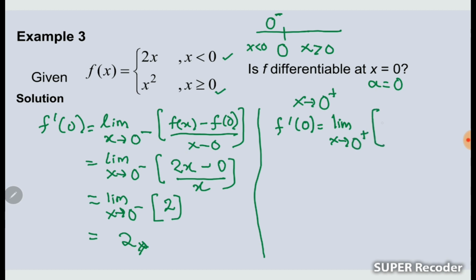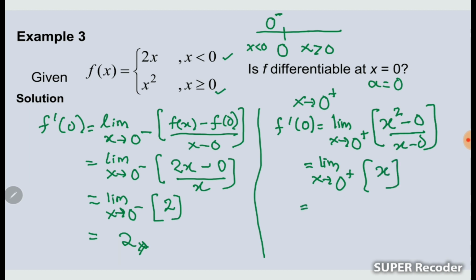Right means x more than 0, so the function is x squared minus 0 squared, over x minus 0. So the limit when x approaches 0 from the right of x squared over x is x. Substituting 0 into x, the answer is 0.